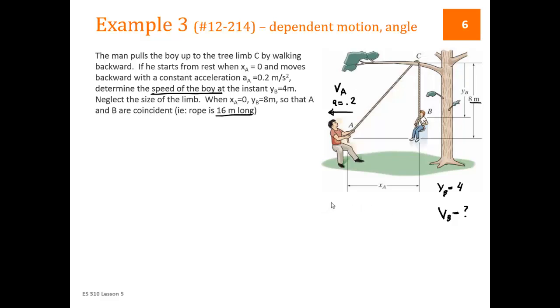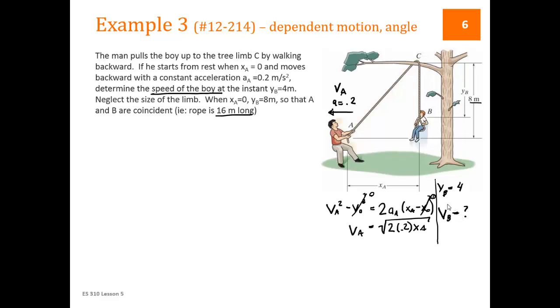The one we want is VA squared minus the initial velocity squared, which is 0 since initially he was standing still, equals 2 times the acceleration of A times XA minus the initial position in X, which is also 0 because he's right up against the boy. We know the acceleration of A is 0.2, so VA is the square root of 2 times 0.2 XA.